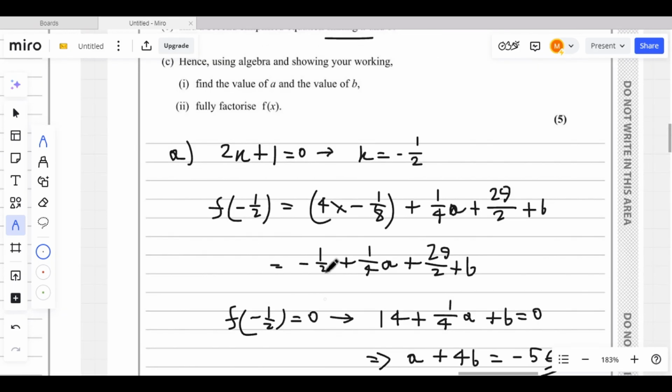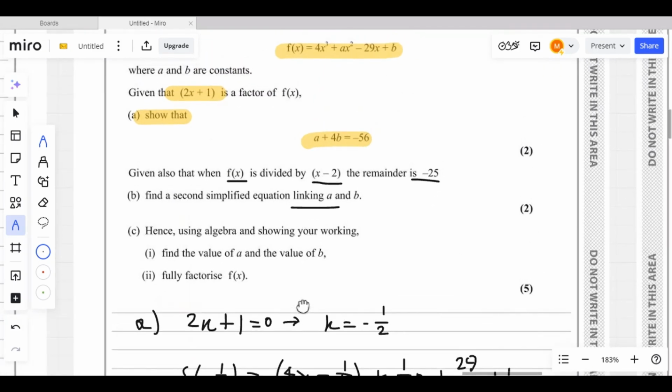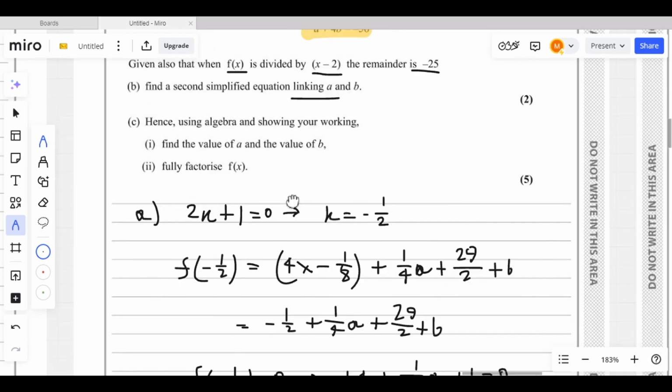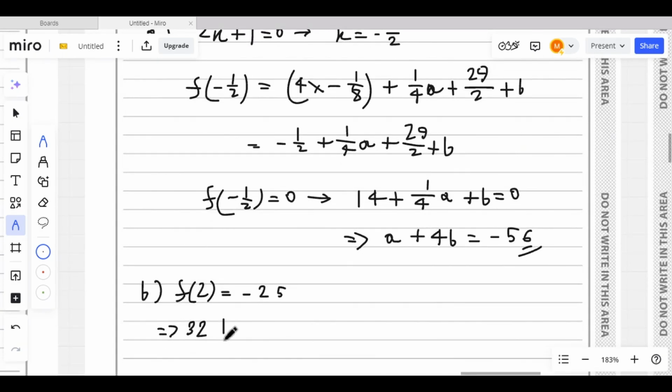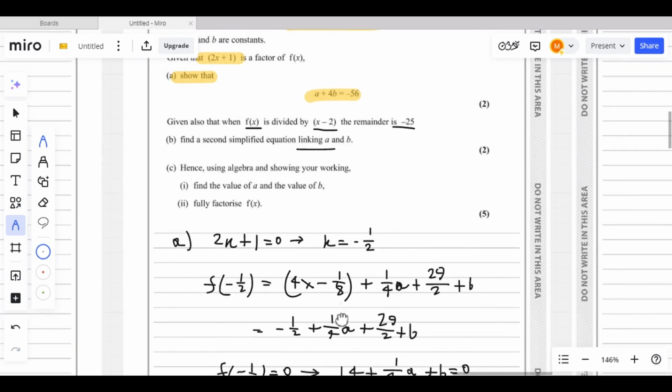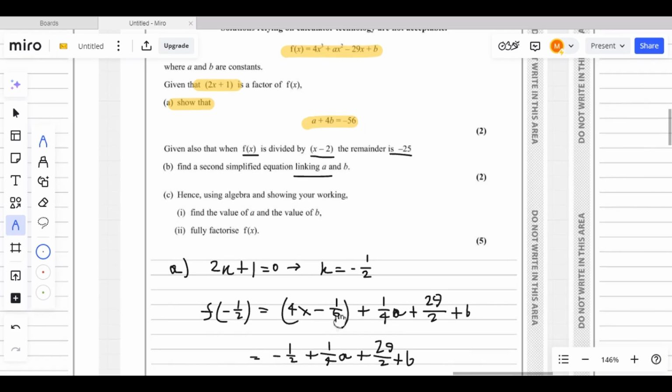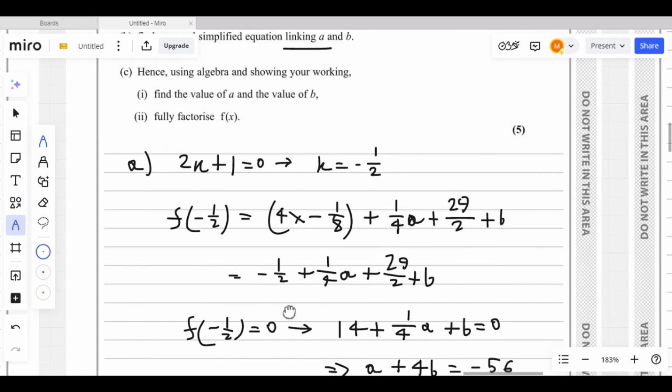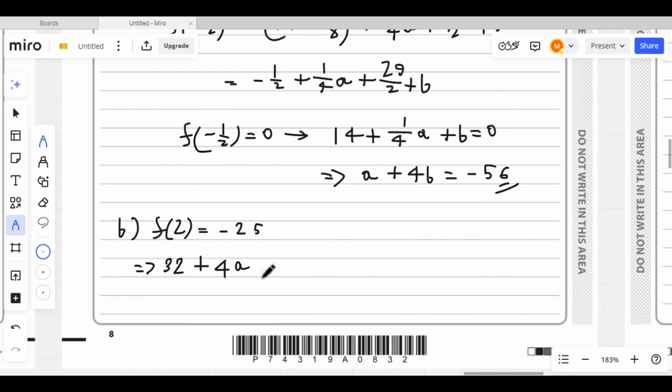Then plus ax squared, so that would be 4a, and then negative 29x. So 29 times 2, this is negative 58, plus b equals negative 25.